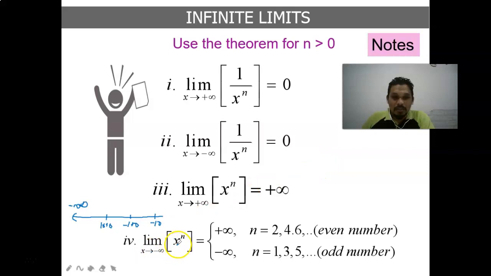Let's say I choose x equal to negative 10. When n is an even number, 2, 4, or 6, take a simple example: n equal to 2, negative 10 squared equals 100. And when n is an odd number, 1, 3, 5, and so on, let's begin with 3: negative 10 to the power of 3 equals negative 1000. So the limit is positive infinity when n is even, and its value is negative when n is odd.